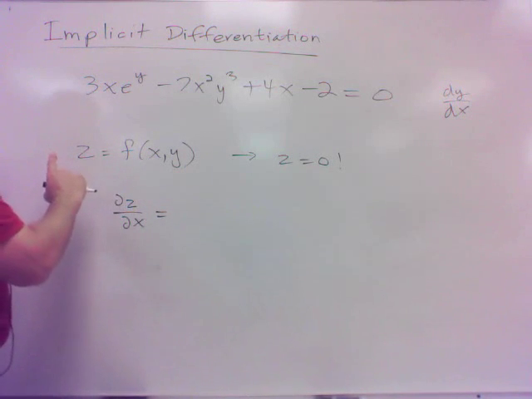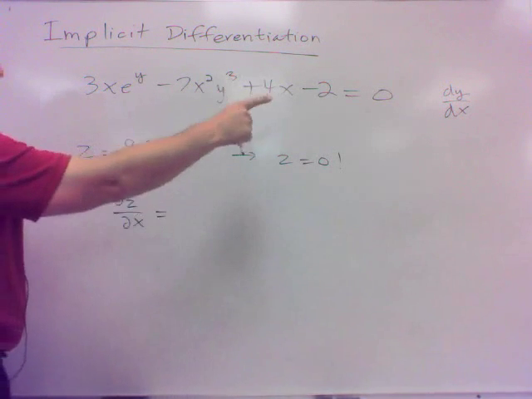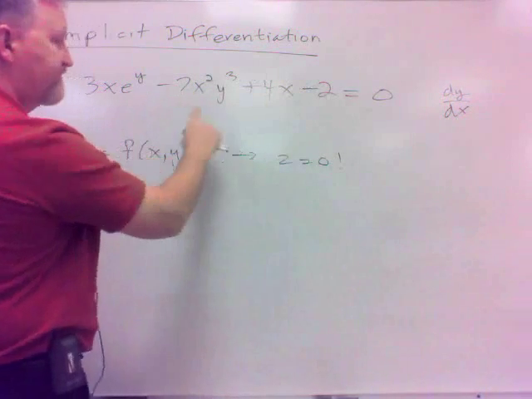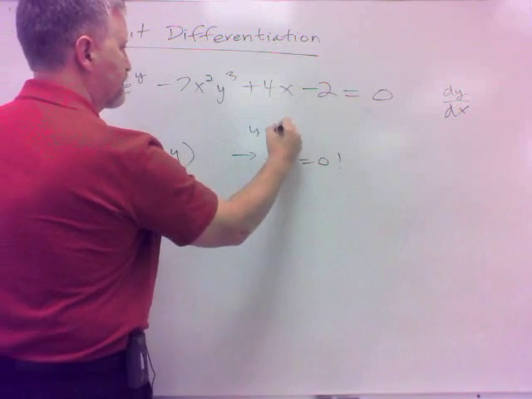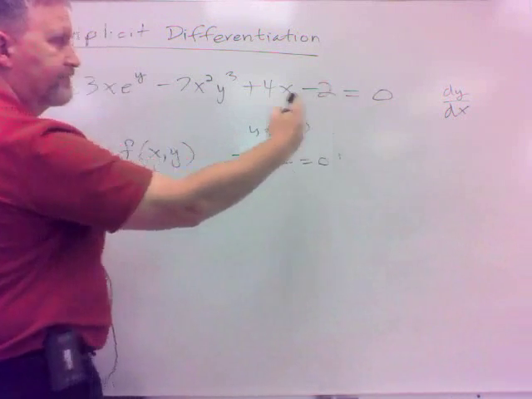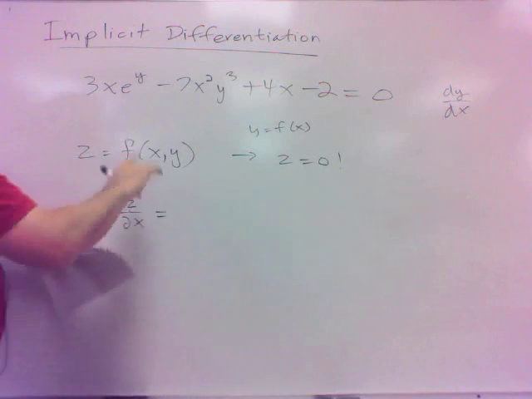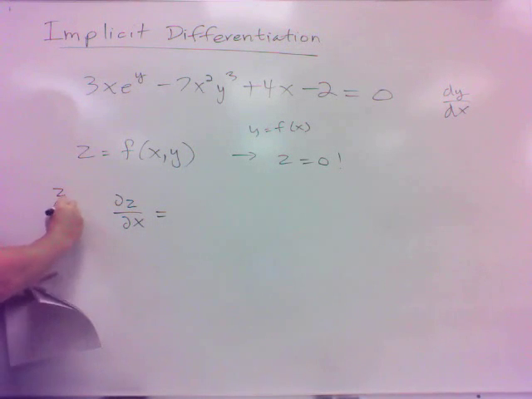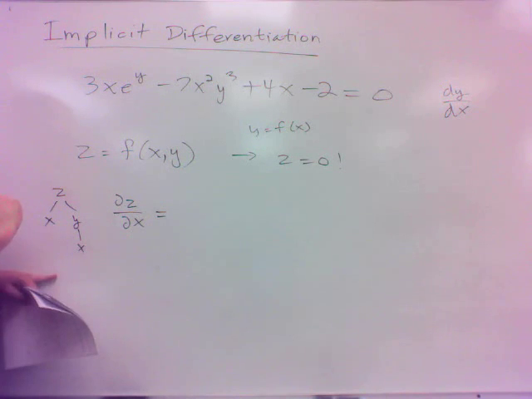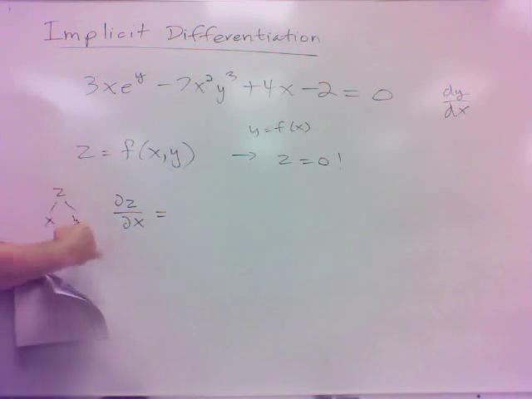Well, the path to x: since we've got y as a function of x, it's implicitly defined, but y is some function of x. So the path to x, here z is a function of x and y, but y is also a function of x, isn't it? So I have to go through x here, but then also through y, okay?